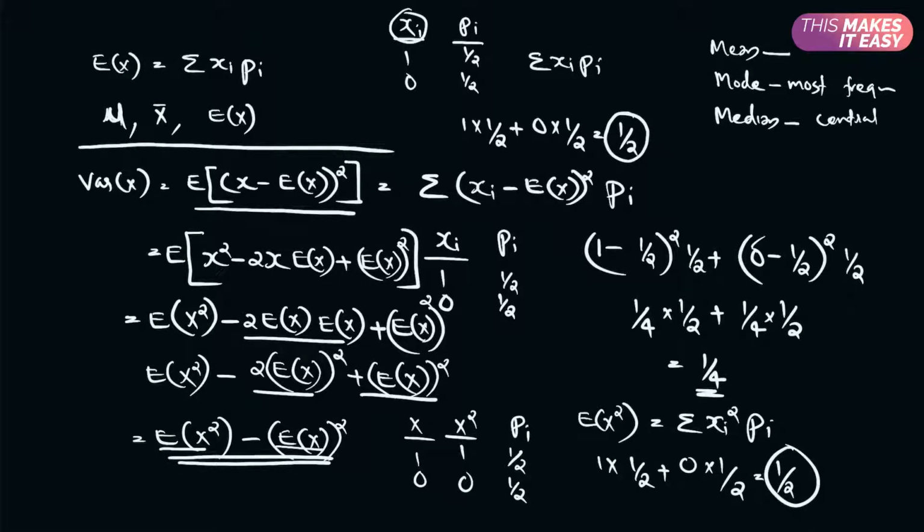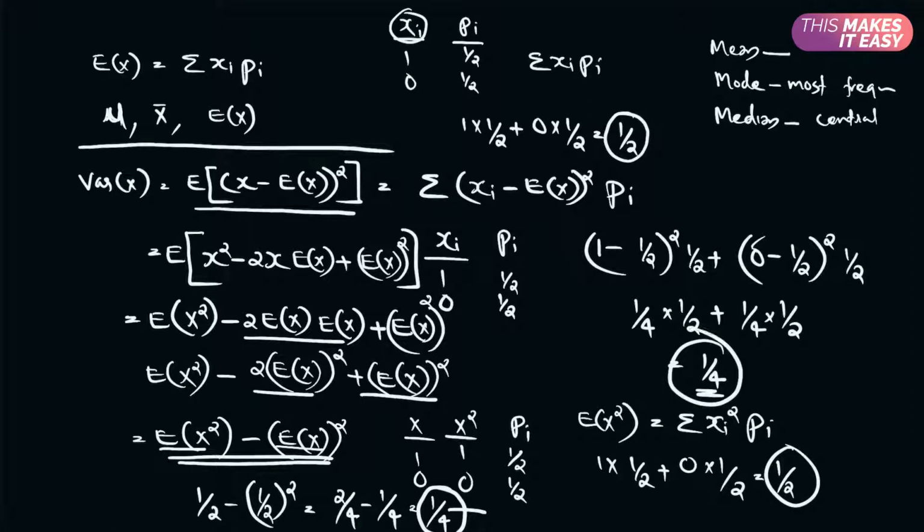Putting this value into this equation, we get the variance of our random variable. The same answer we got here as well. So this is the simple formula for finding the variance of x.